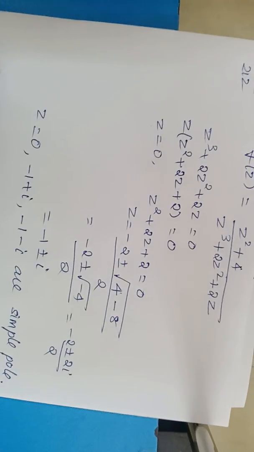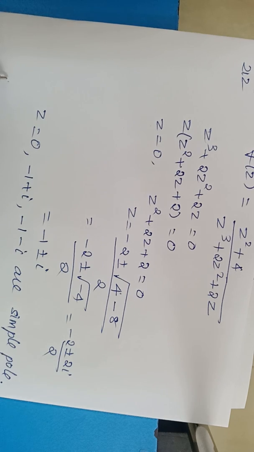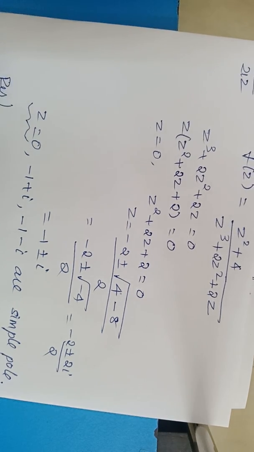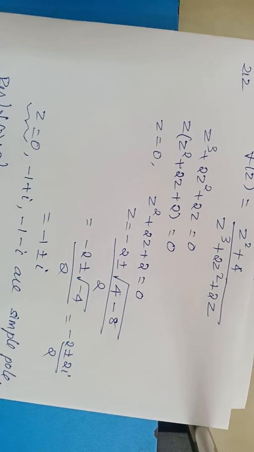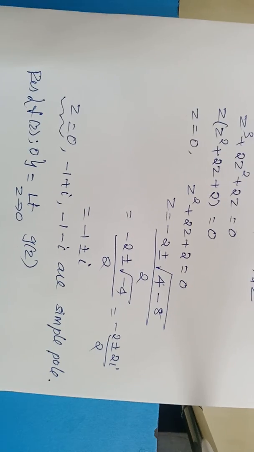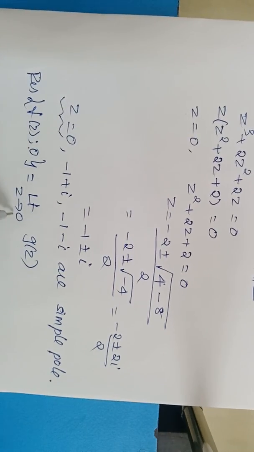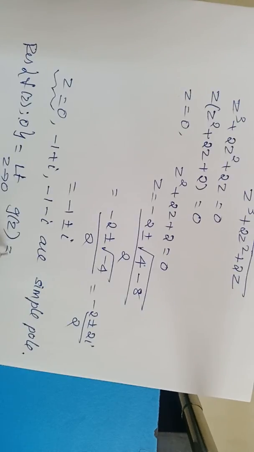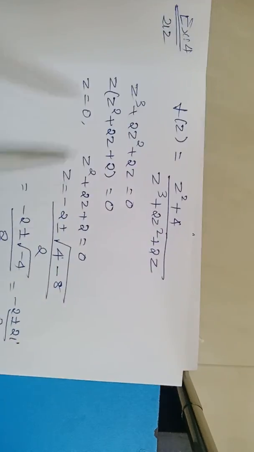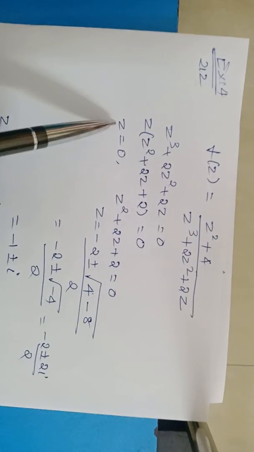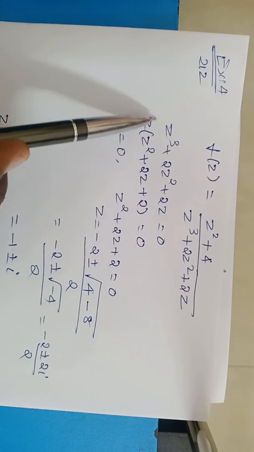Now let me use method 2 to find the residue at the point z equal to 0. So residue of f of z at the point 0 is equal to, what is method 2? Method 2 is finding the limit of g of z when z tends to 0. What is g of z? g of z is nothing but, you just omit the factor of 0 from the denominator. What is the factor of 0? z.